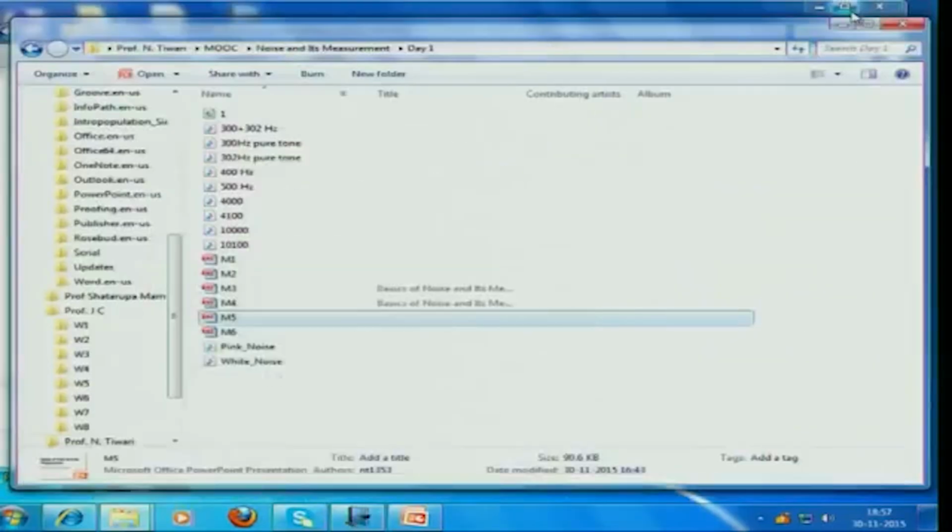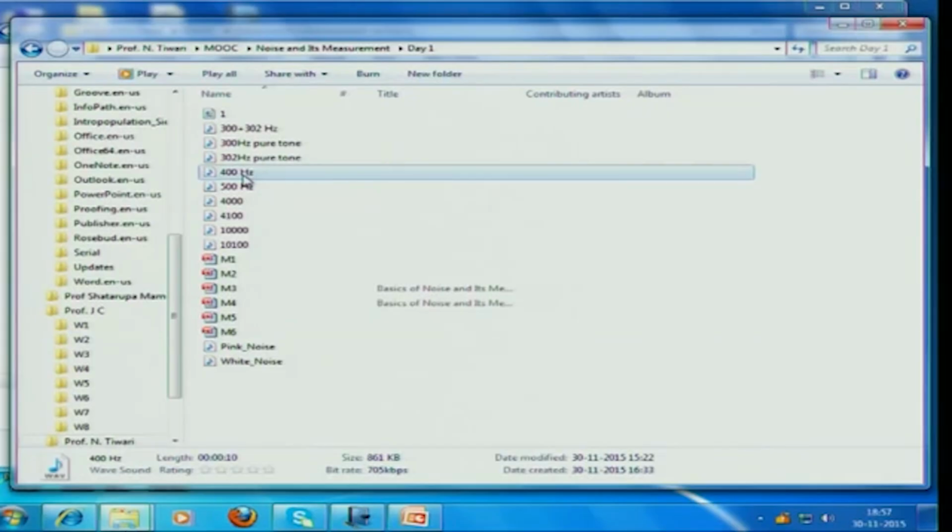For that I will conduct a small listening experiment. Before I do this listening experiment, I just wanted to preface it with a couple of comments. It turns out that our ears are sensitive to small fluctuations in frequency at low frequencies.